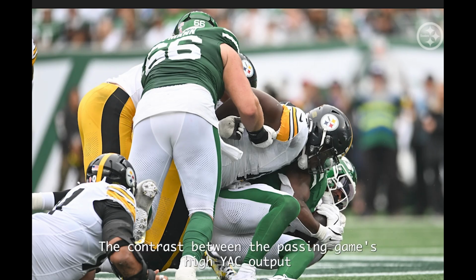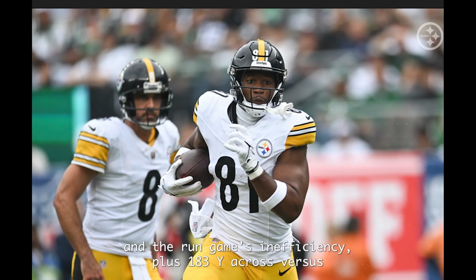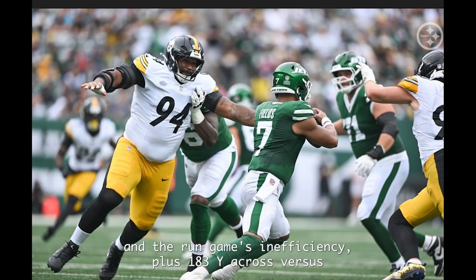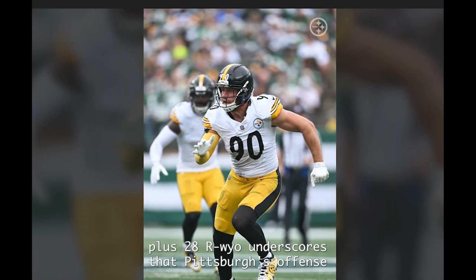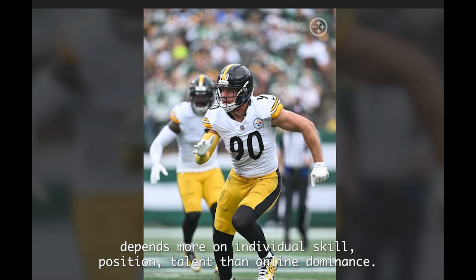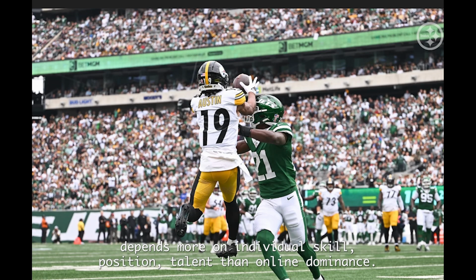The contrast between the passing game's high YAC output and the run game's inefficiency, plus 183 YACOE versus plus 28 RYOE, underscores that Pittsburgh's offense depends more on individual skill position talent than on line dominance.